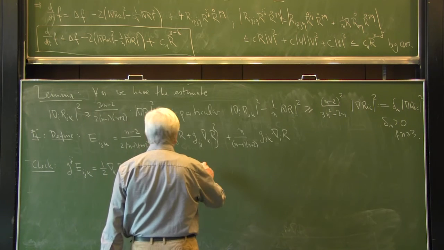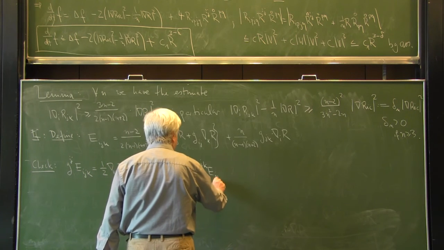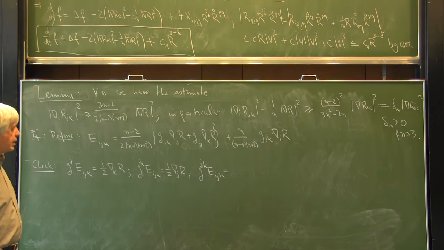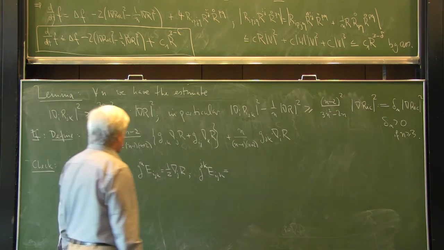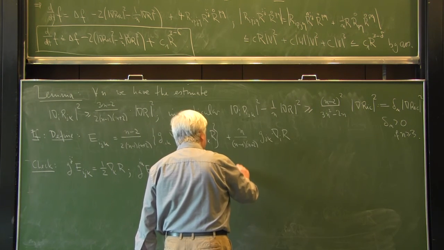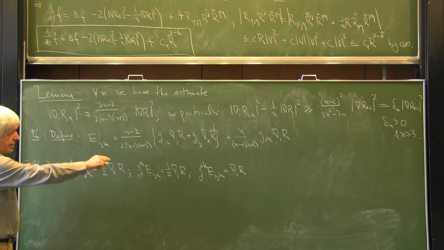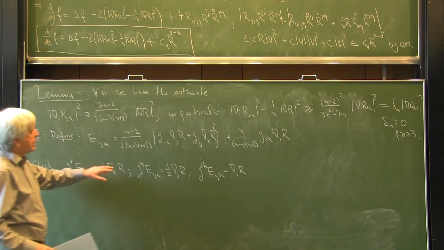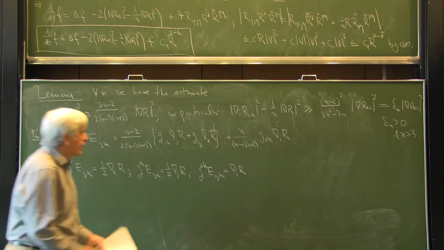And finally, taking the trace over j and k of E_ijk, we get exactly the gradient i of r, factor 1.